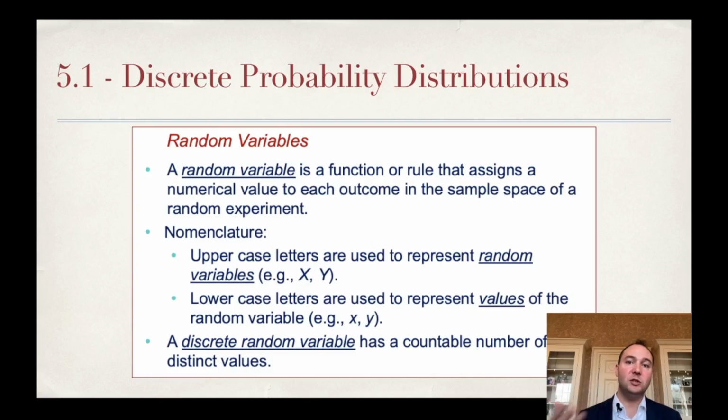We can continue to do this infinitely. In other words, there's an infinite set of numbers between 0 and 1. This means that it's very difficult to calculate the distribution using a discrete probability distribution. Discrete means we can count the numbers or the possibilities. A discrete probability distribution means that our sample space is not infinite. Okay, so that's why we say that a discrete random variable has a countable number of distinct values.